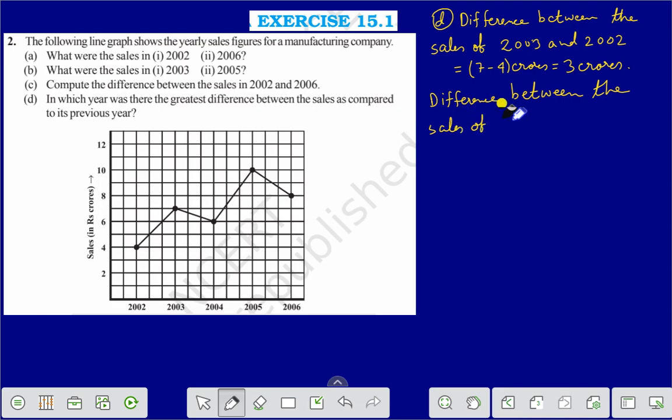In 2004, the sale was 6 crore and in 2003 it is 7 crore. There it is 7 minus 6, that is 1 crore.